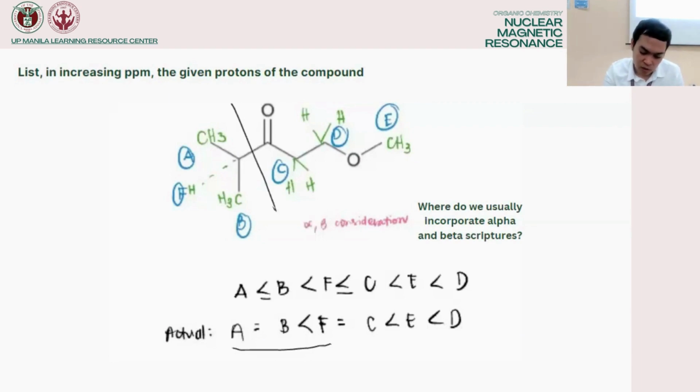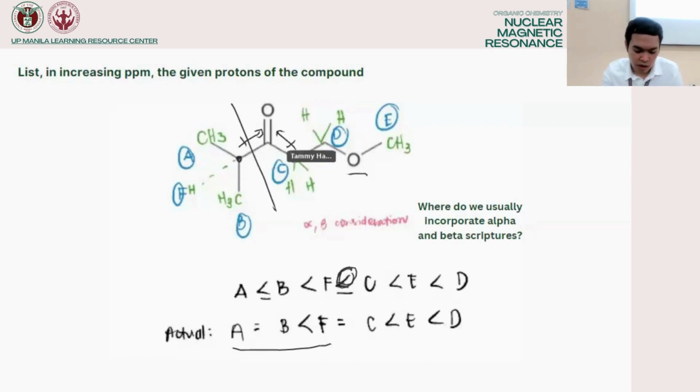Bakit F is equal to C? This is an actual, pero kanina sabi natin less than. Kasi look at the approximation of their carbon. Kaya lang naman naging greater than si C natin kanina. We considered this. Pero as you can see, F is equal to C kasi pares lang naman silang pinupul na ganun.